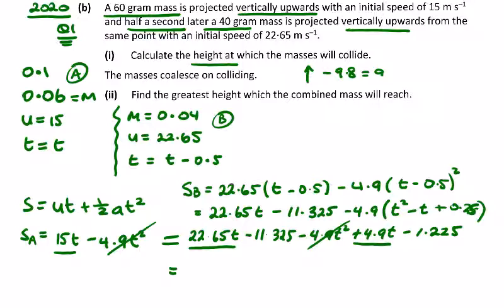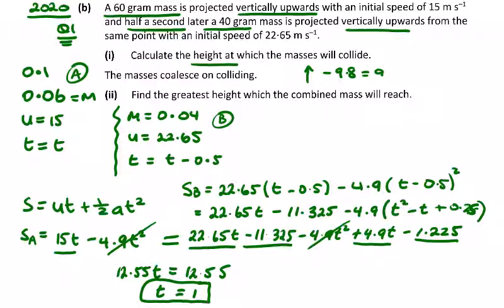If I type that into a calculator, I'm going to get 12.55, and that's going to be positive, so bringing the two negatives to the left, that's also going to be 12.55. And we're saying nice and evenly, t is equal to 1. They're going to collide after 1 second in the air.